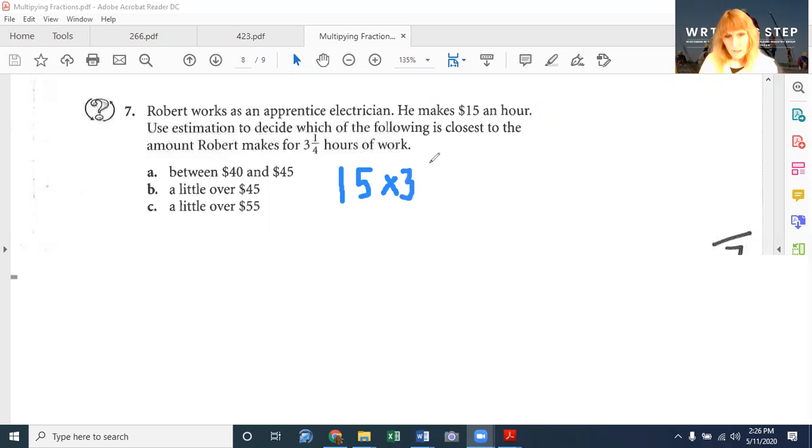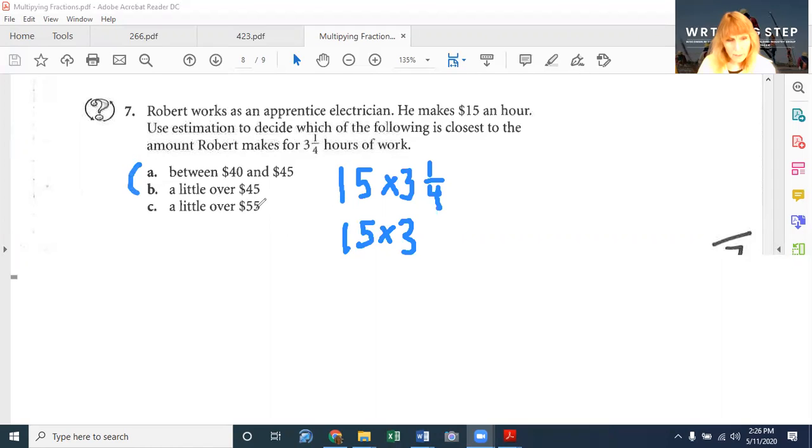But now they want us to estimate, so we're going to take a look at the 1/4 and decide if that is more than half, less than half, or exactly half. Well, we realize that it's less than half because 2/4 would be exactly half. So we're going to keep it rounded down to 3, and we're going to keep the 15 here. And we're going to say we now have 15 times 3. So that is going to be 45, right? Now don't be tricked. You got a choice of A or B here.